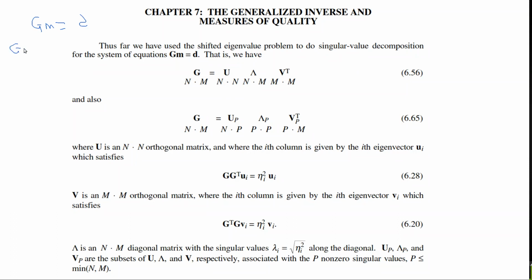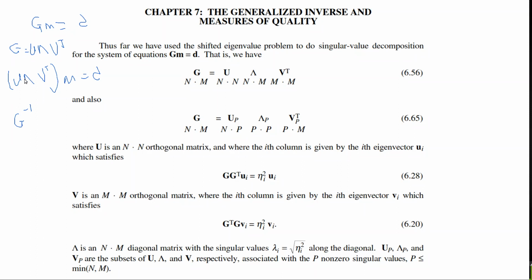We can decompose G into the product of three matrices, so we have U lambda V transpose times m equals d. We haven't really gone that far yet. Now what we want is to find G inverse, and this is where the power of SVD comes in.